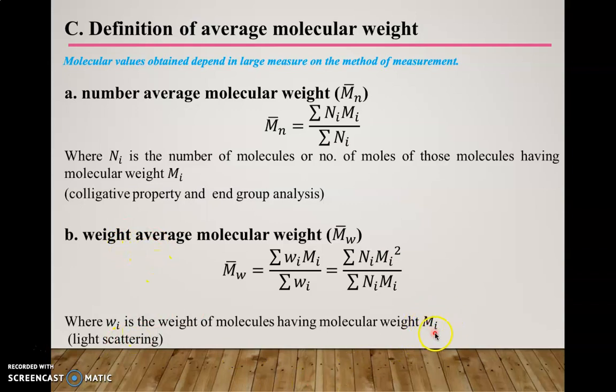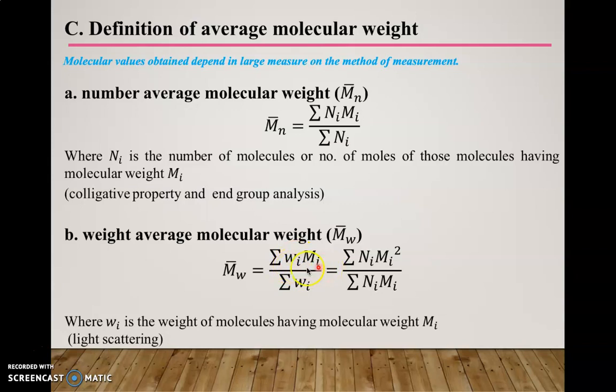Okay, so similarly when we talk about the weight average, we are not talking in terms of moles or molecules. We are talking about the weight of that particular fraction having a particular molecular weight. Okay, so this is the basic formula.